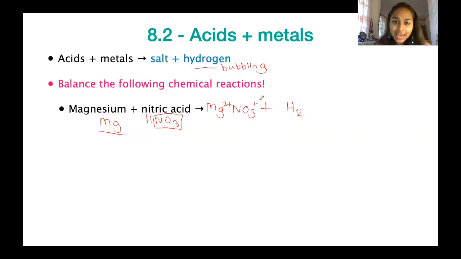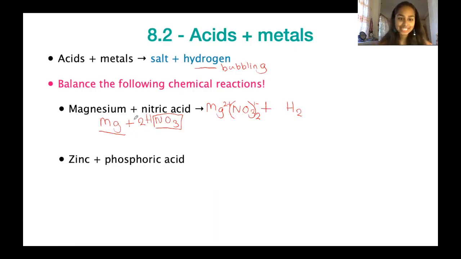Now we've got a charge of 2+ and a charge of 1-. This isn't quite balanced. We need to make sure that we've got 2-, and the way that we can do that is by converting that to Mg(NO3)2. That means we also have to add a 2 in front of our nitric acid, because we're going to need 2 lots of the nitrate ion. So that's your balanced reaction for the first one.